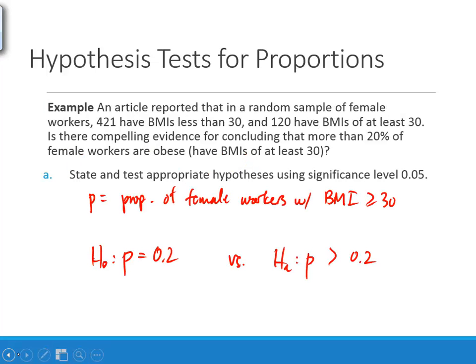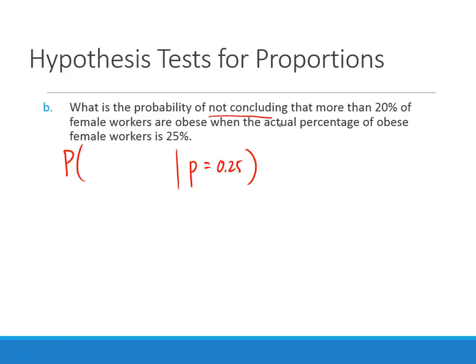And so which one of my hypotheses is that in support of? That's supporting the null hypothesis, right? So not concluding that more than 20% of female workers are obese, that means the probability that I fail to reject the null hypothesis.